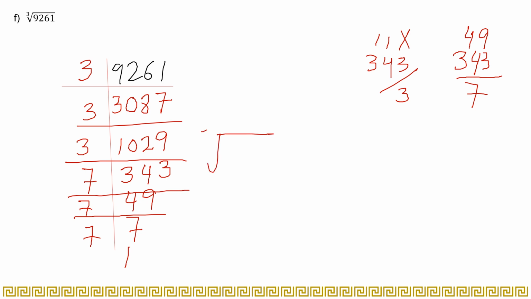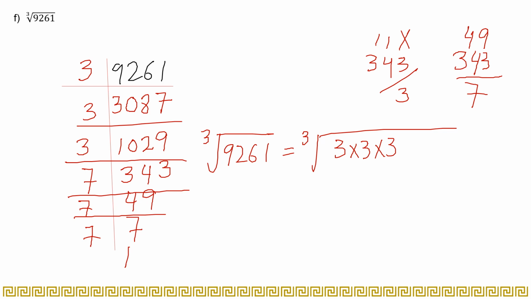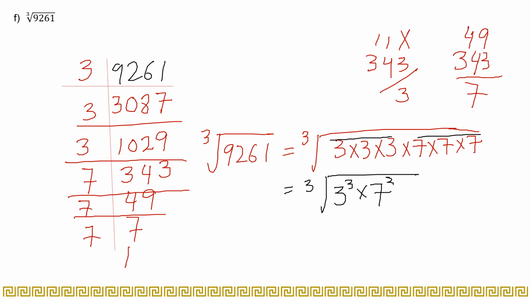Now write cube root of 9261 is equal to cube root of 3 multiplied by 3 multiplied by 3 multiplied by 7 multiplied by 7 multiplied by 7. Again, combining three numbers like this and writing it in index notation, it will be like 3 cube multiplied by 7 cube.